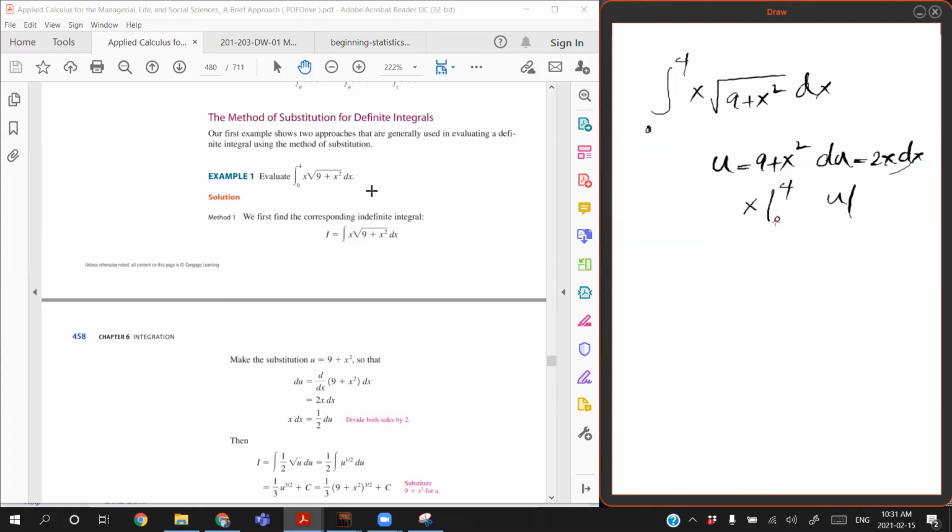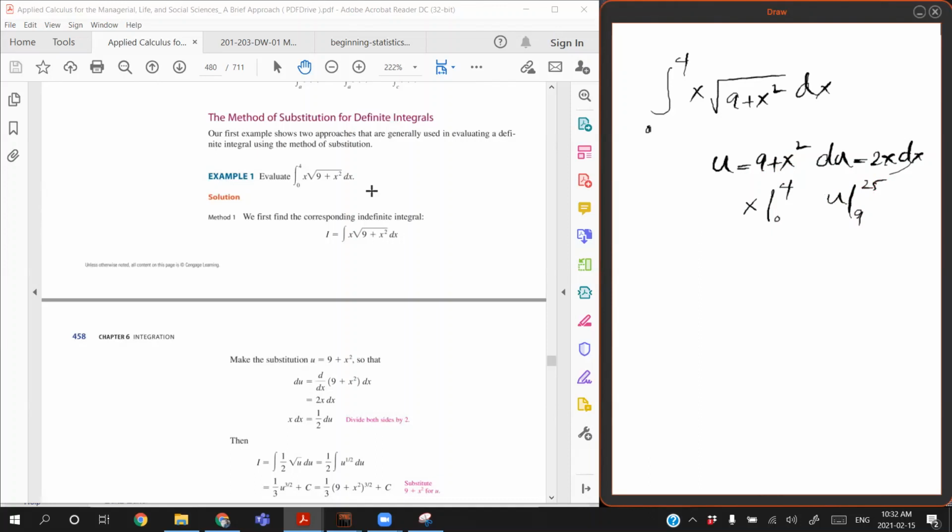When I plug in 0 into this, I'm going to get 9. And if I plug in 4 into this, 4 for x, I get 16 plus 9, that's 25. So u is going to change from 9 to 25.